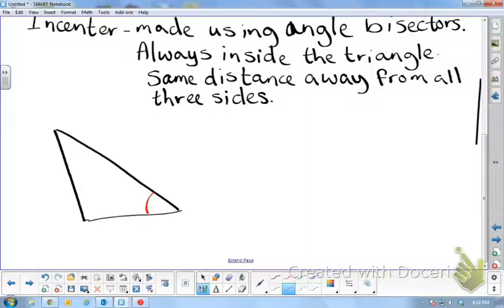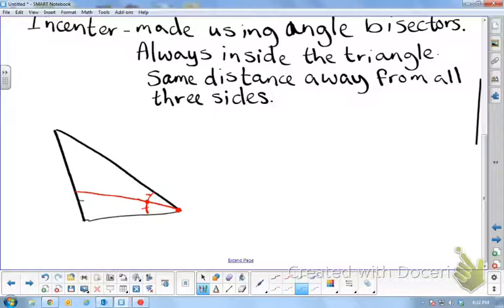So we look at one of the angles and we try and cut it in half as much as possible. So we know those two halves of the angle are the same. We start at the vertex and go through that point. So there's one angle bisector.